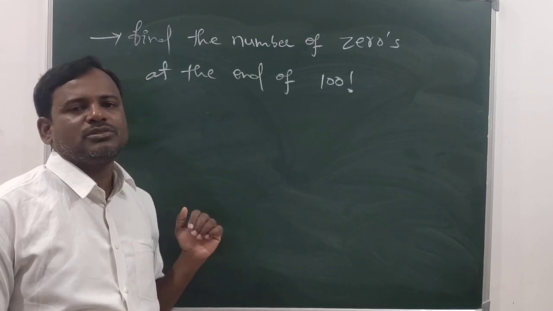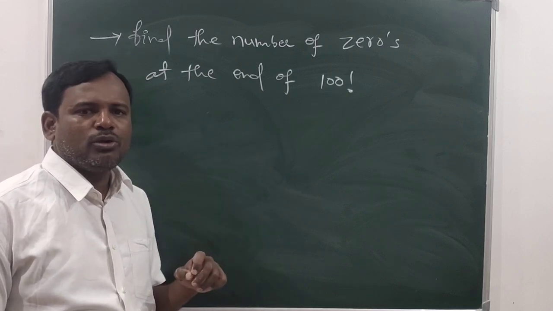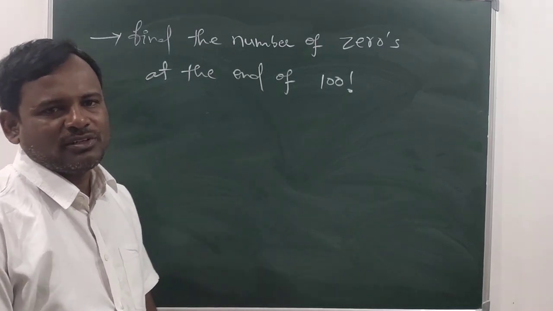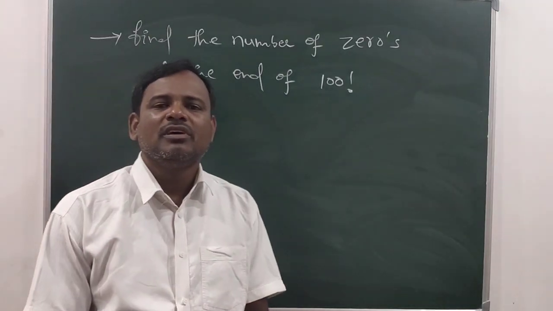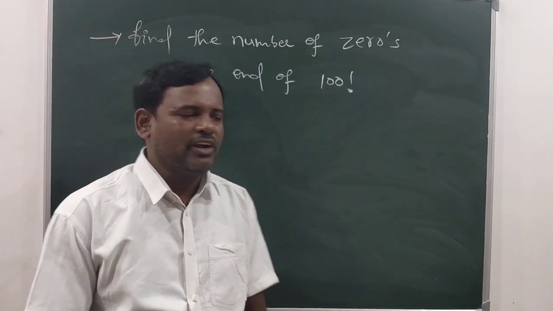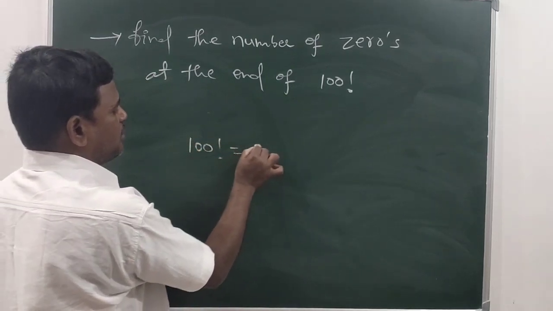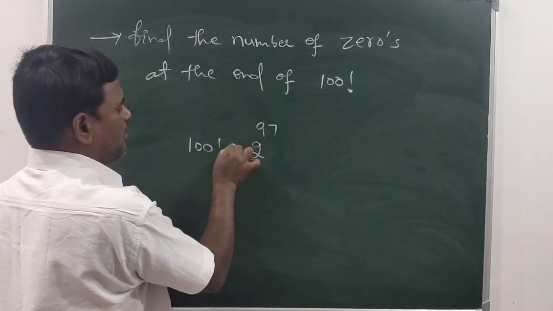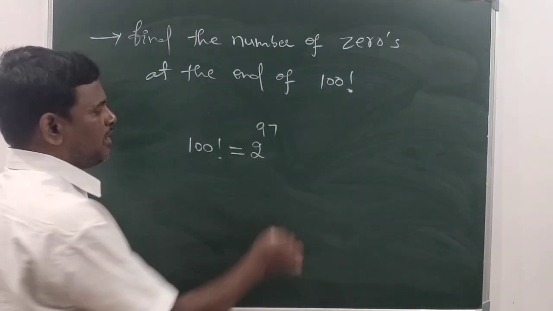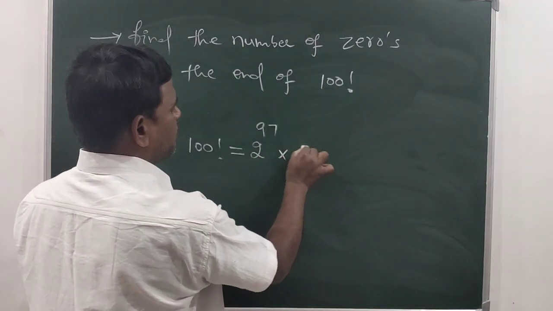But to answer this question, you have to know the previous two problems. What is the first problem? Exponent of 2 in 100 factorial. If you write 100 factorial, you may get 2 power 97 into 5 power 24.